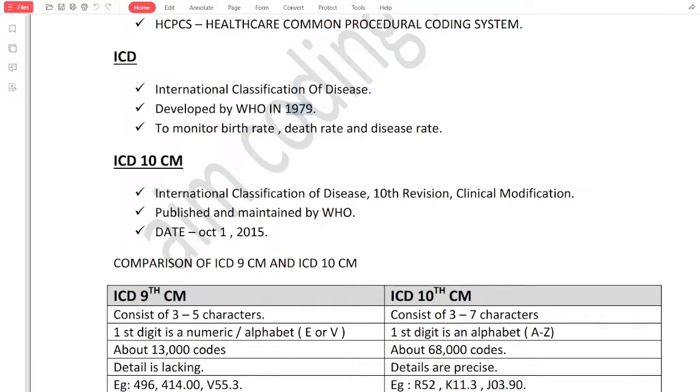In your interview, this is the most important point, so write it down: developed by WHO, World Health Organization, in 1979, to monitor birth rate, death rate, and disease rate. It is very helpful for the World Health Organization.